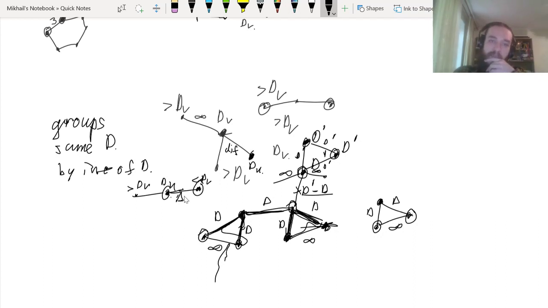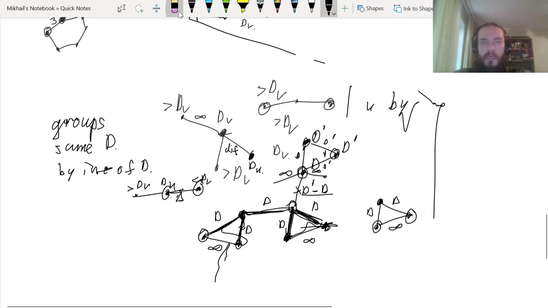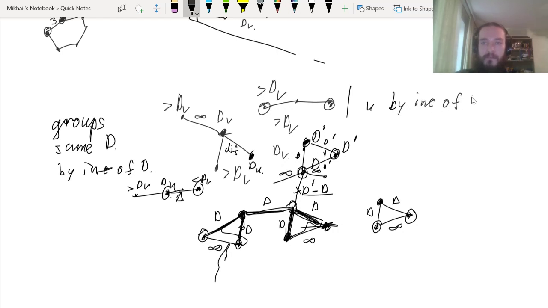Now instead of groups, let's consider just all vertices V by increasing dv.